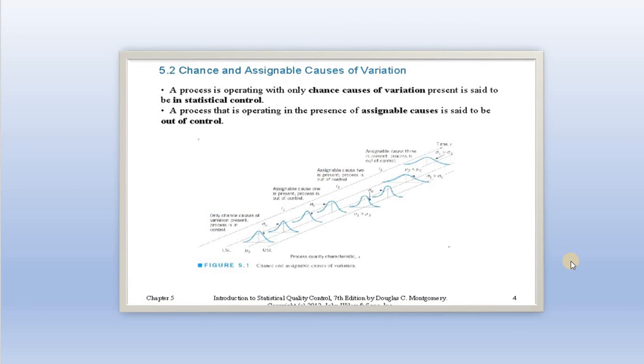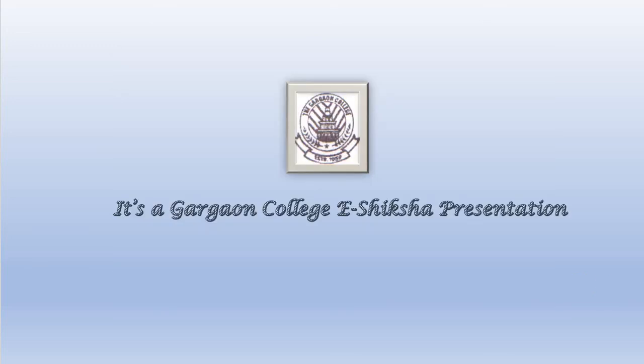So, a process that is operating in the presence of assignable causes is said to be out of control, and the process operating with only chance causes, so till this point, is said to be in statistical control. So students, I conclude today's lecture here. Thank you.